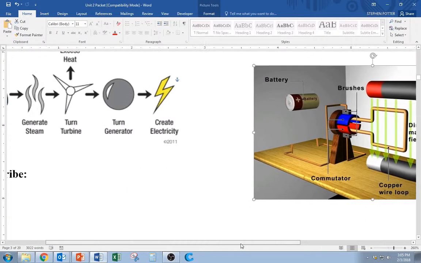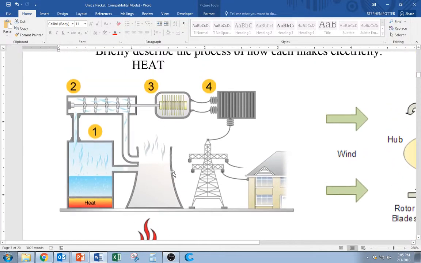In everyday life, the main way that we do this is we have some sort of a heat source. We usually burn something like coal, and then we use that heat to boil water, and the steam created from that boiled water is sent through a series of fans, which is called a turbine, and then the steam is recollected and that process continues.